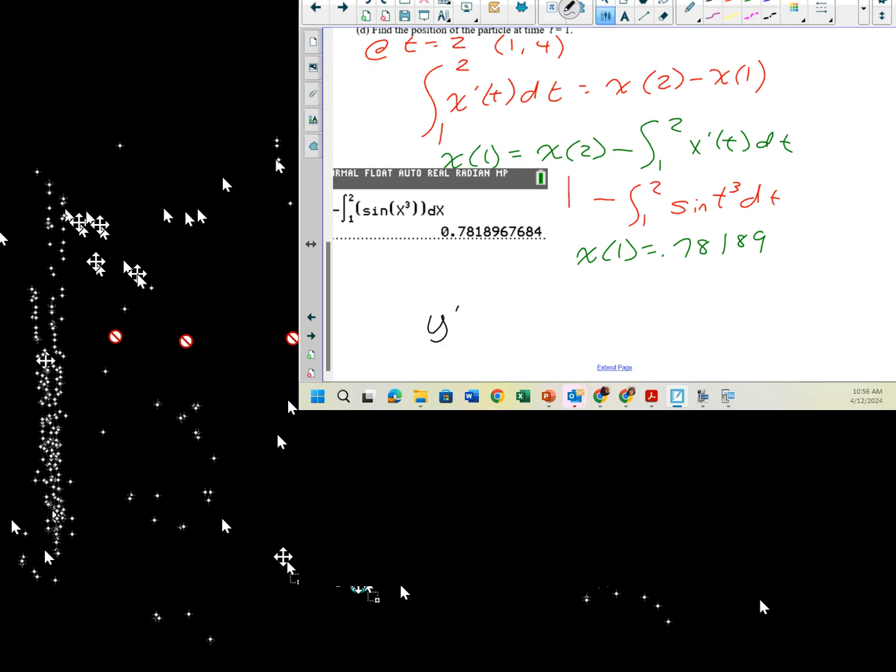Y of 1 would be y of 2 minus the integration from 1 to 2 of y prime of t dt.